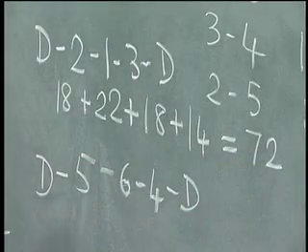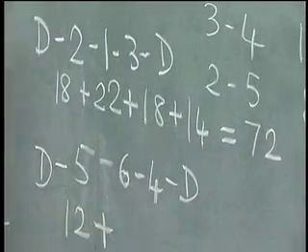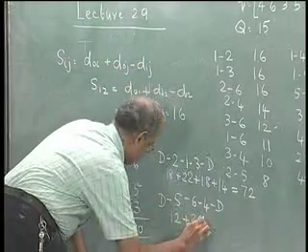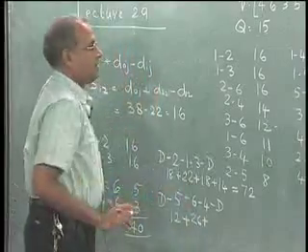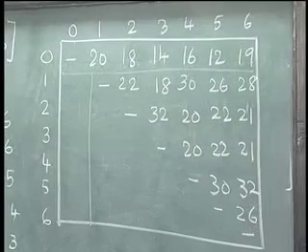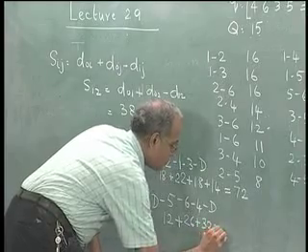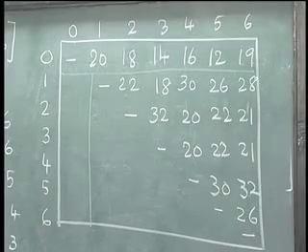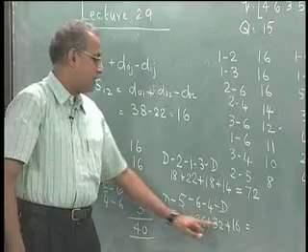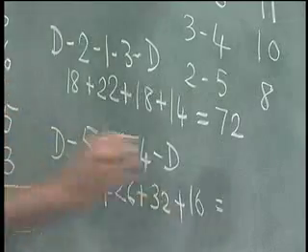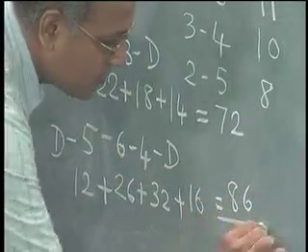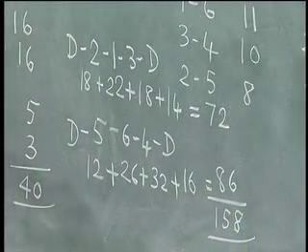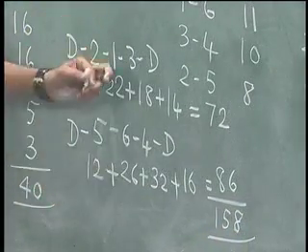This one travels a distance: D to 5 is 12, 5 to 6 is 26, 6 to 4 is 32, 4 to depot is another 16. So this is 26 plus 12, 38, 70, plus 16 is 86. So a total distance of 158 is what is travelled by these two vehicles.